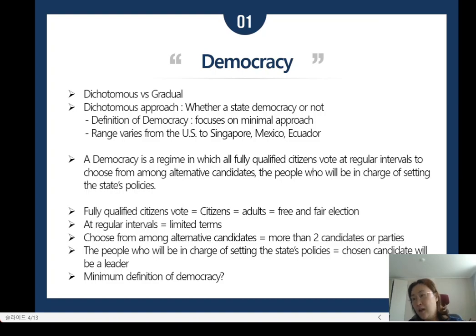But look at China. In China we cannot say there are alternate candidates, even though there are different kinds of candidates. It's because they all belong to one political party, right? CCP.